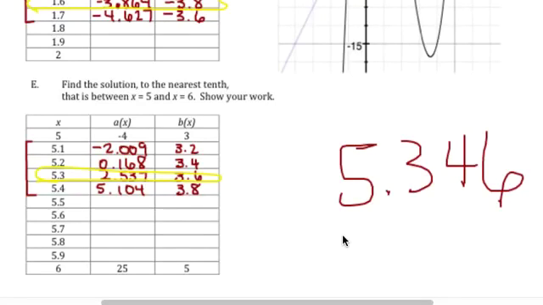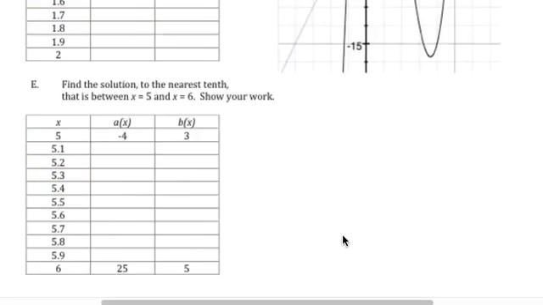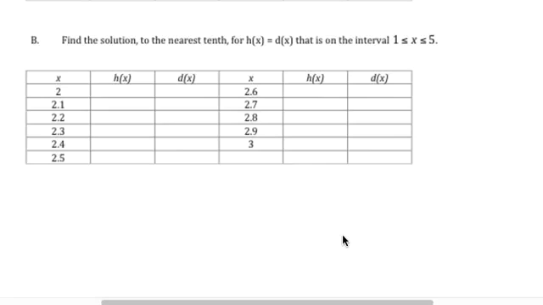And then maybe you choose to make another table and go 5.341, 5.342, and so on. You just keep going out further until you narrow it down. It's kind of like a little game. Just how close can you get? I don't know that that's a fun game for some of you, but it could be considered a game.